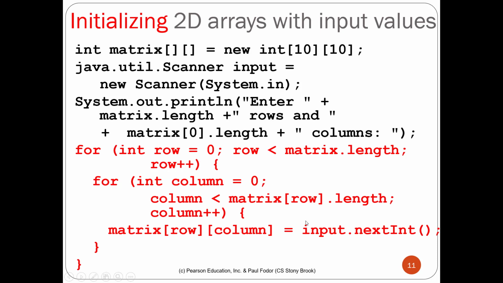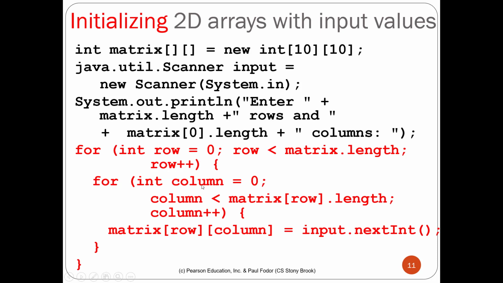Then after getting that value, you'll come back to this inner for loop and your column will change. From 0 the column will become 1, but our row is still 0. So the next element will go in row 0, column 1, that means the second column of the first row. You keep on doing it and your column will go all the way till 9.